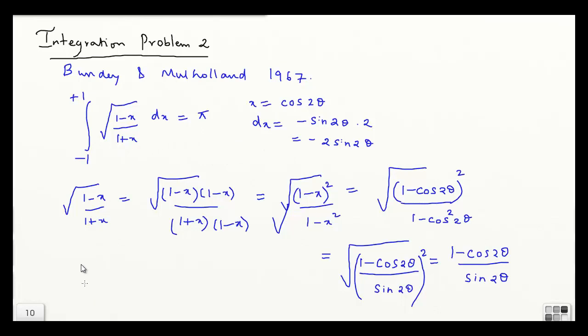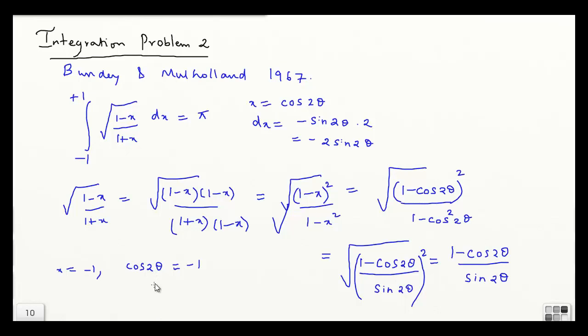Now let's look at the limits. When x is equal to minus 1, cos 2 theta is minus 1. Cos 0 is 1, and cos is negative in the second quadrant, so it's going to be pi radians.